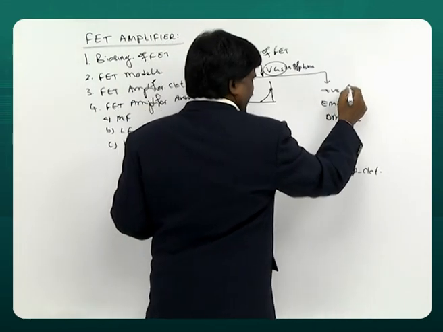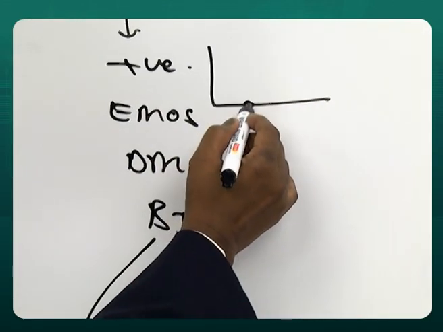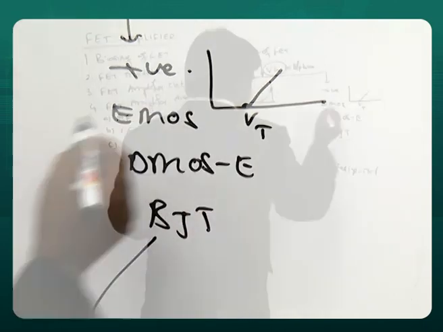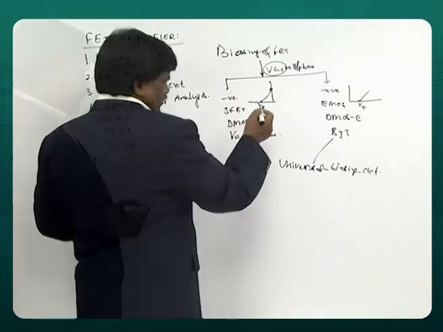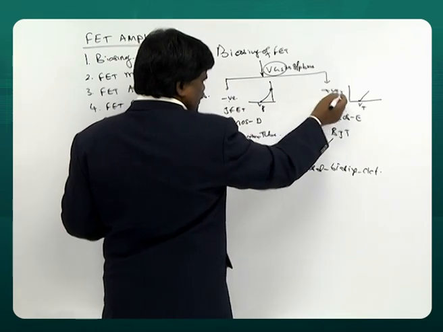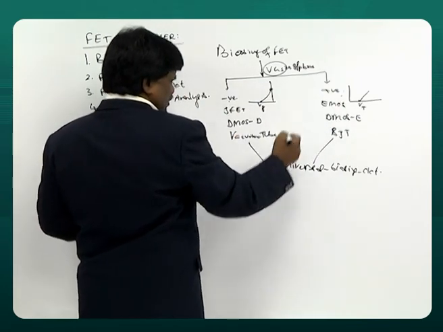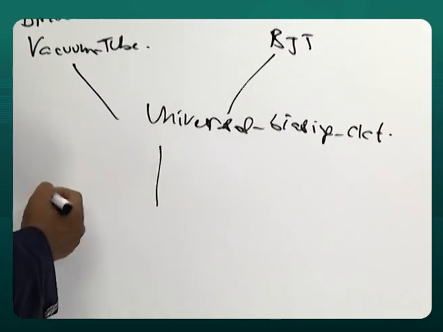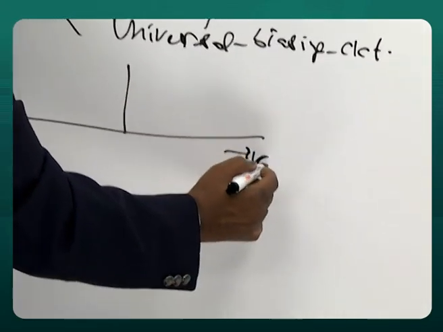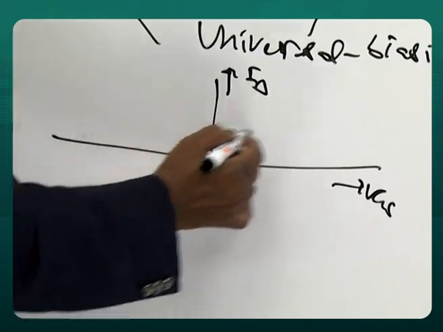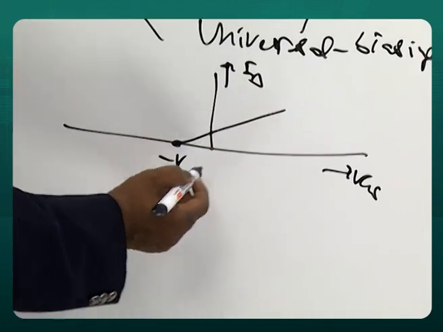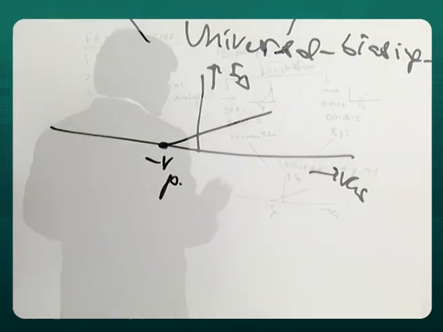If you see enhancement MOSFET, this is the characteristics, with VP and VT. That's why I said negative here, positive here. If you see depletion MOSFET, it has both positive and negative.